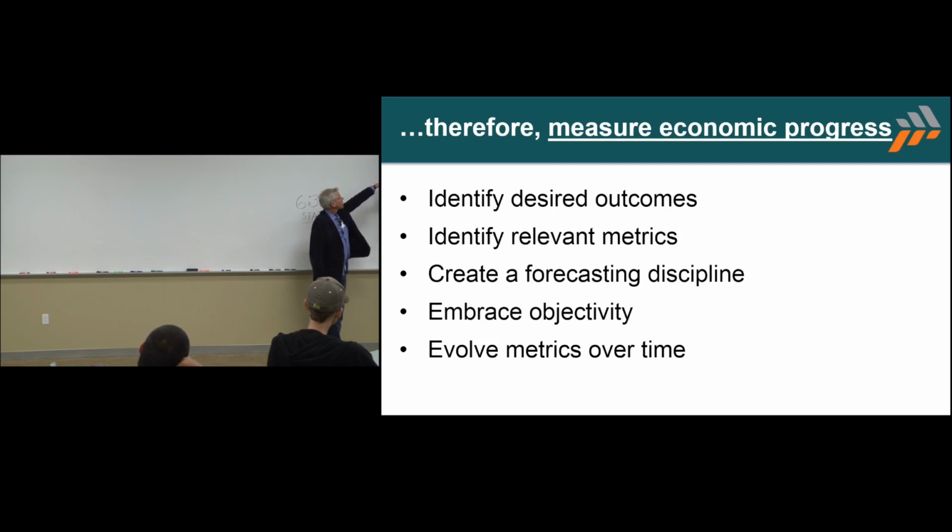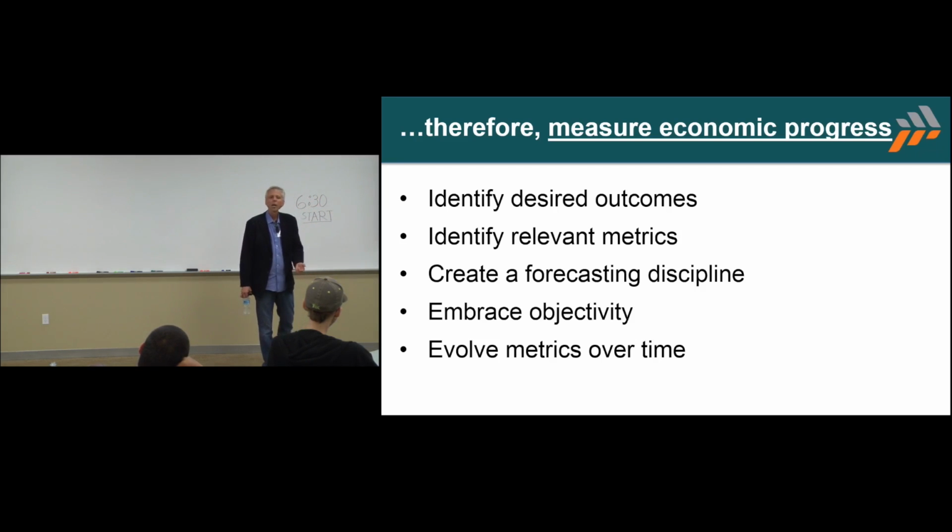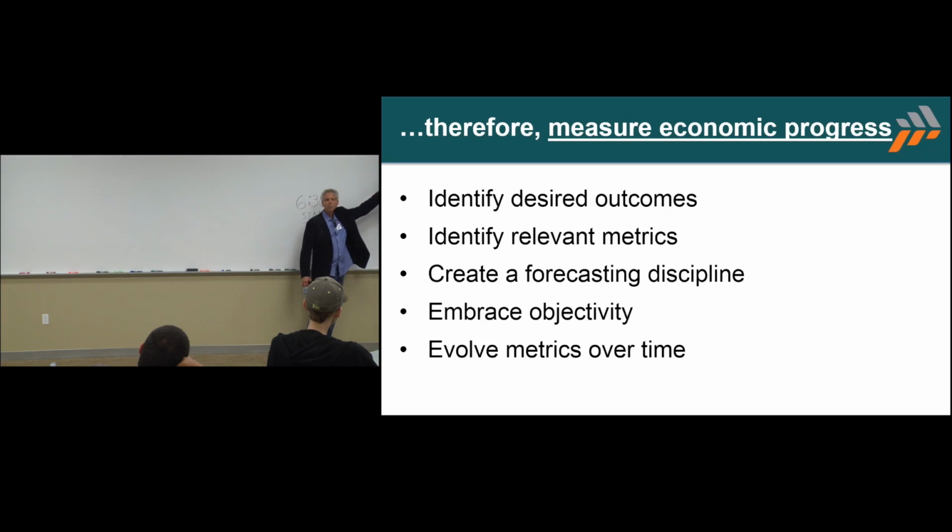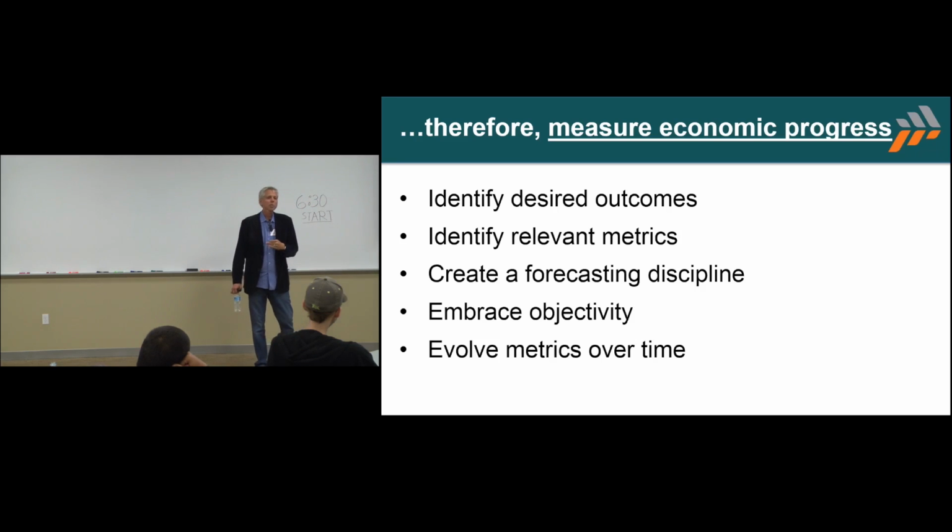And so desired outcomes: we have more functionality coming out of our team. In other words, our velocity might go up, right? That's an outcome, and then the metric can be velocity. We have a forecasting discipline, because if we have a forecasting discipline, we're now validating whether the metrics that we have really relate to the success outcome.